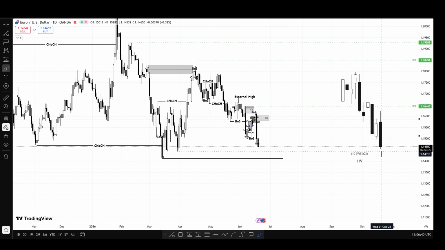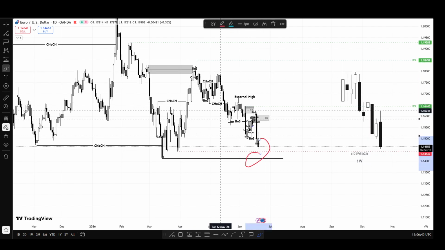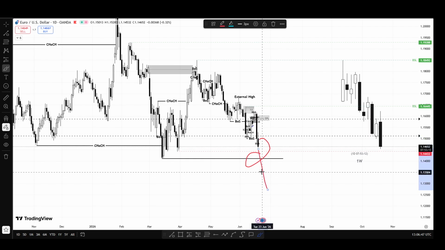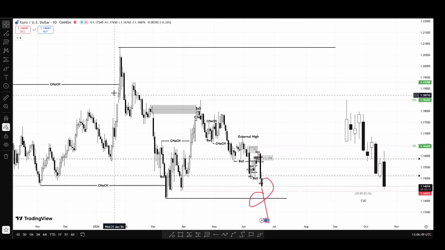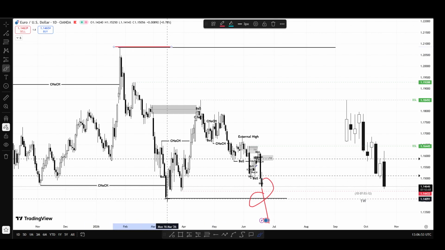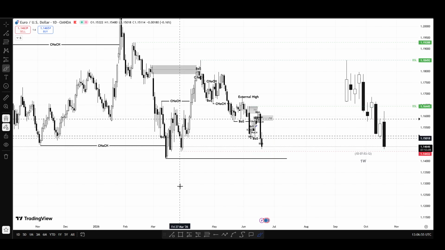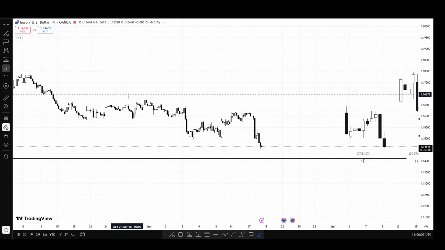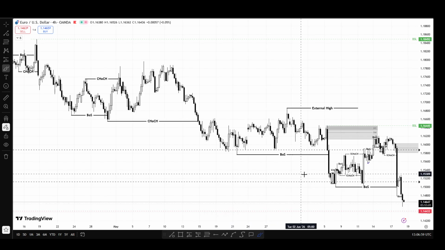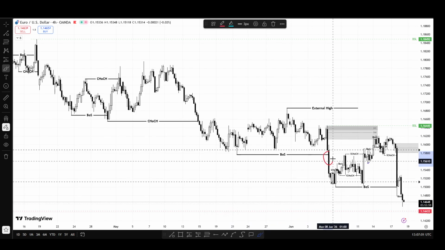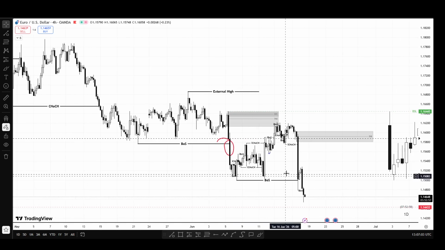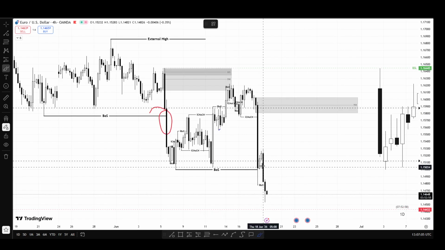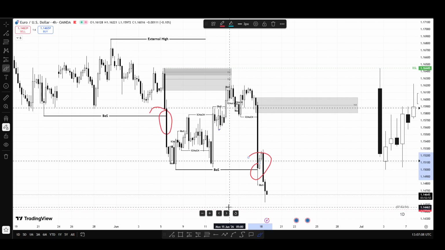Okay, so on the daily time frame, this is our low. We are looking to then break. Okay, so this is our strong high, and this is our weak low on the daily time frame. So on the 4-hour time frame, you can see we had this break of structure to the downside. Okay, and then we've had another break of structure to the downside here on the 4-hour time frame.